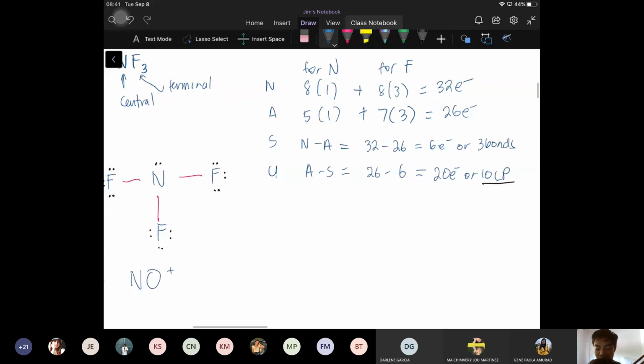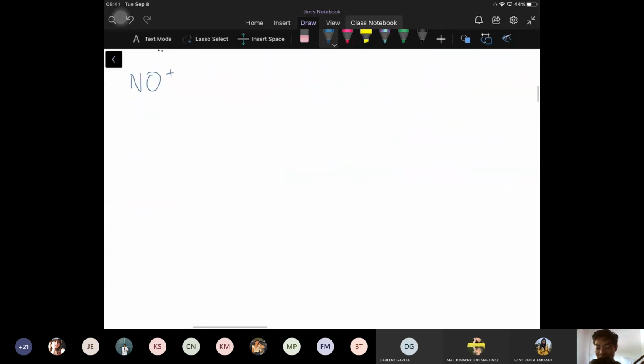Paano kapag may charge na? Yun yung hindi kaya ng ating Lewis dot symbols, yung ginagawa ng high school. Kaya, if you can check, yung ginagawa natin ng high school, walang charges yung molecule. So ngayon, college na tayo, kailangan may charge na.